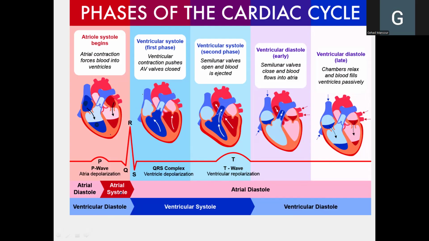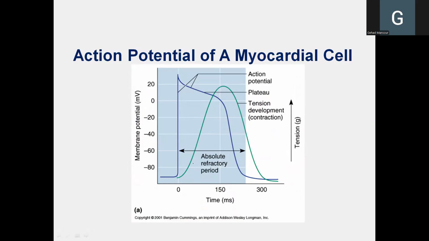If I ever ask you any question about the phases of the cardiac cycle, it would be one of the concepts we have covered before. For example, when does the atrium send to the ventricle? Of course, in order for the ventricle to receive blood, it has to be relaxed. But I wouldn't ask you about the specific details of the phases of the cardiac cycle.